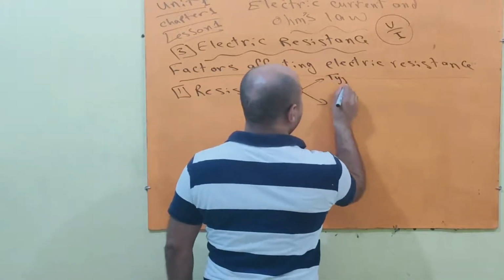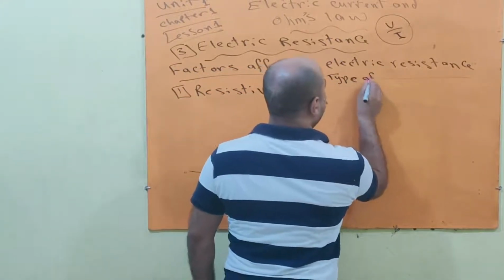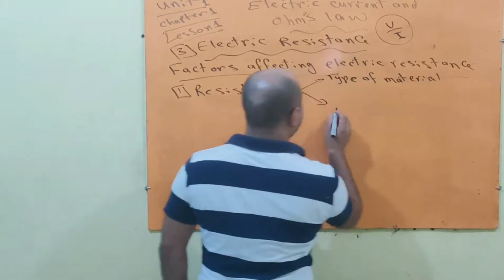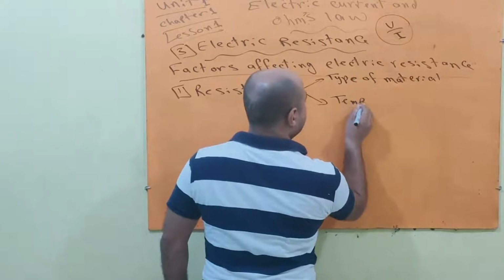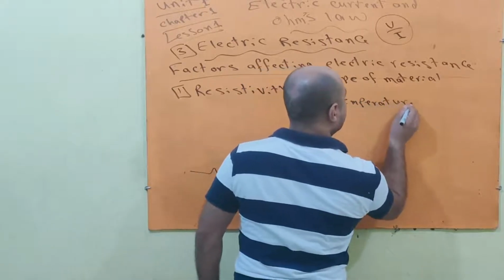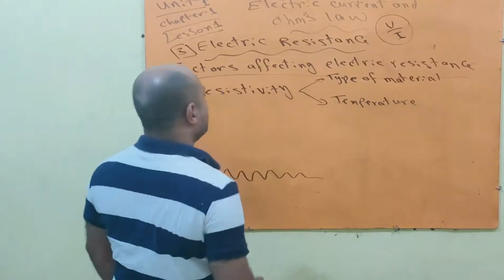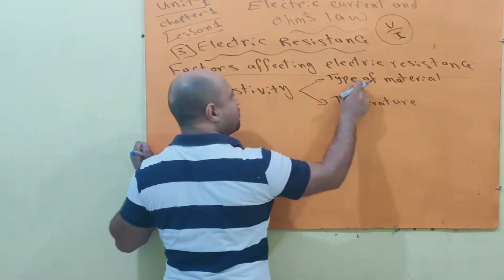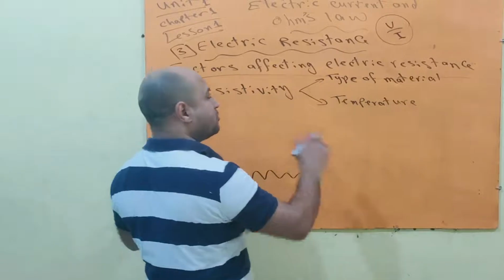Type of material and temperature. So resistivity depends on the type of material, changes by changing the type of material, copper or aluminum.